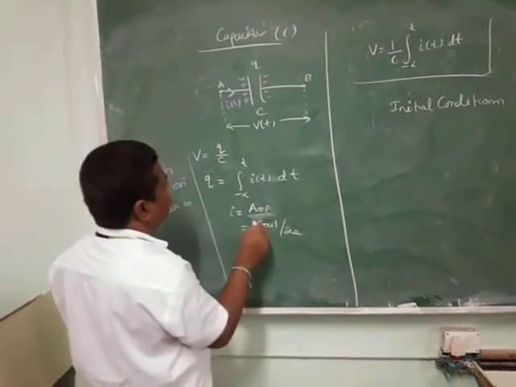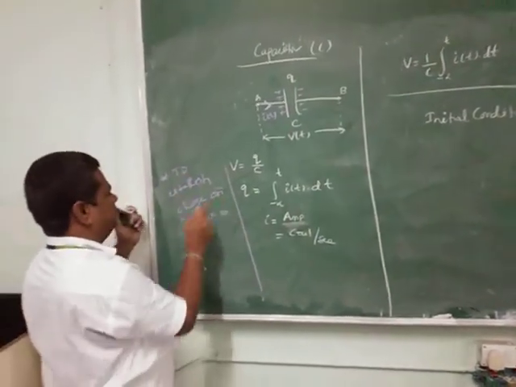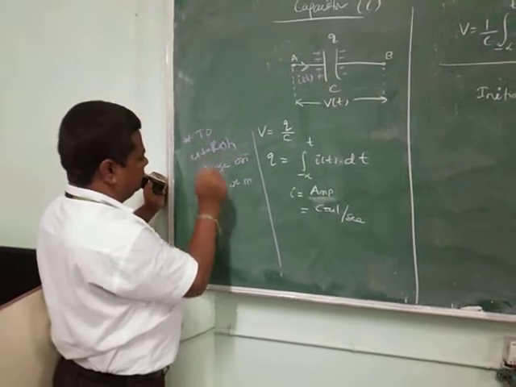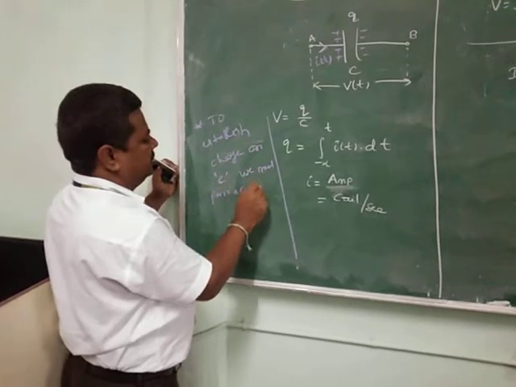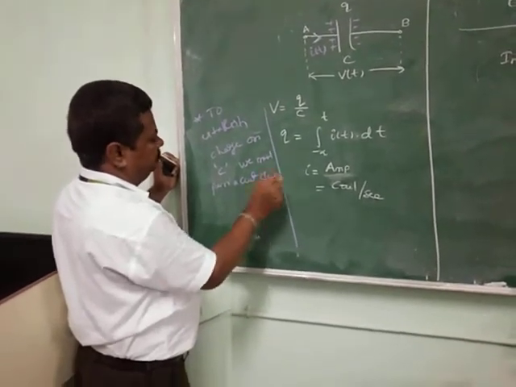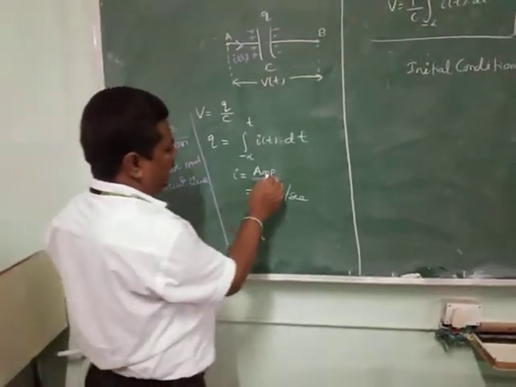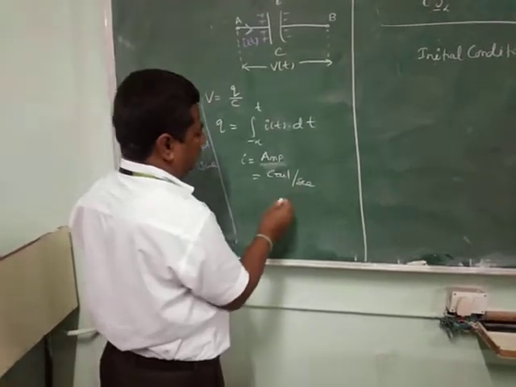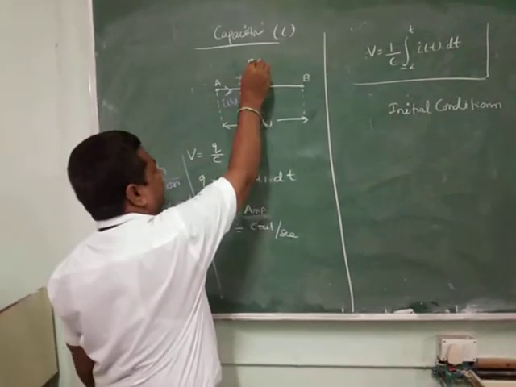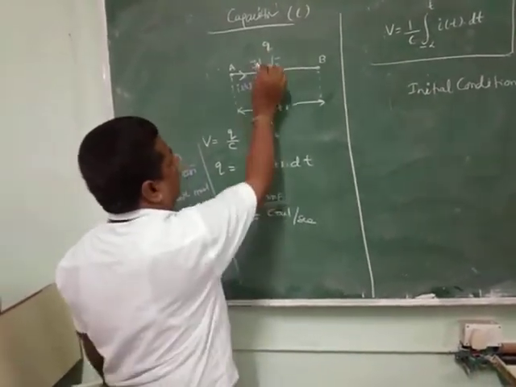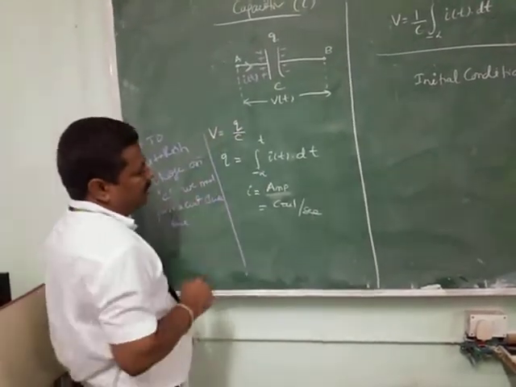That means to establish charge on capacitor C, we must pass a current through the capacitor for some time, and then a charge is established on the capacitor. Once you get the charge on the capacitor, the voltage is equal to Q by C.